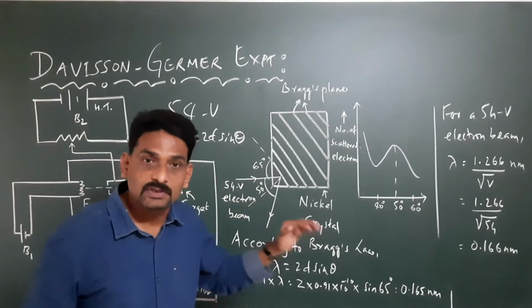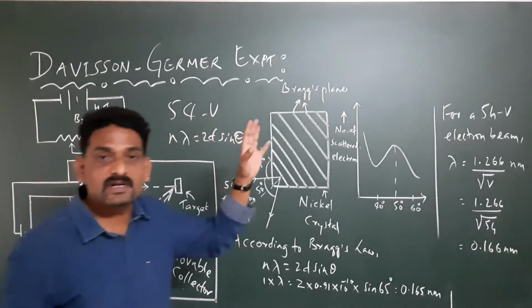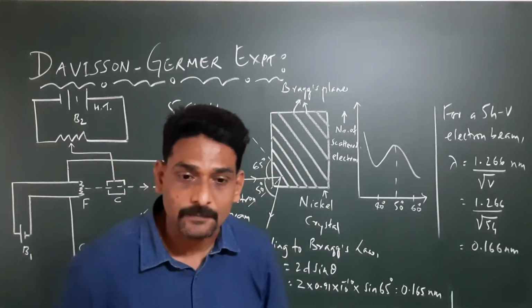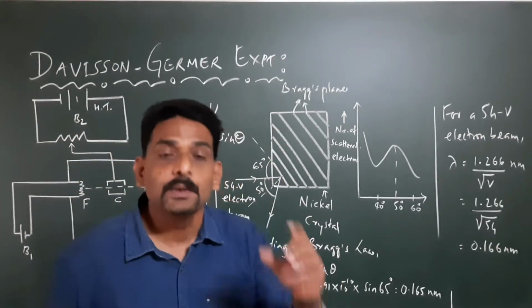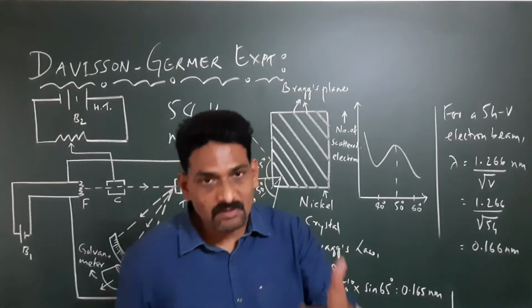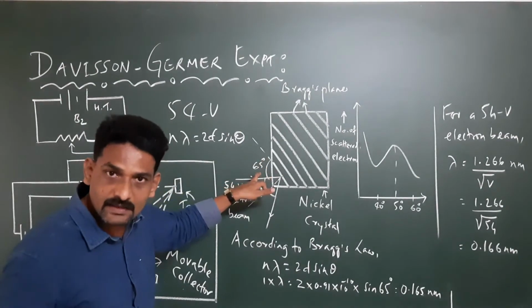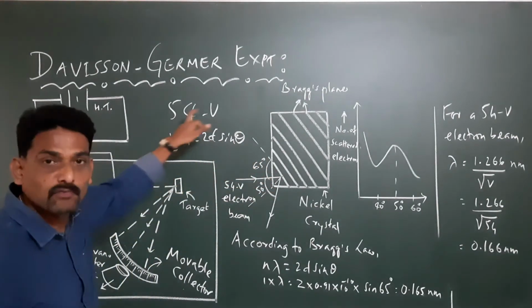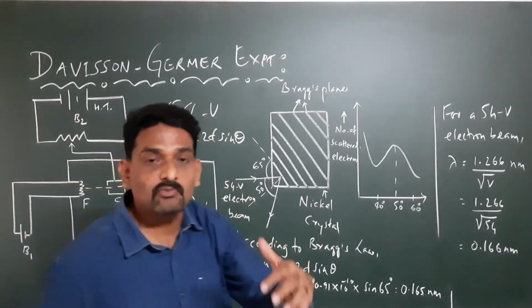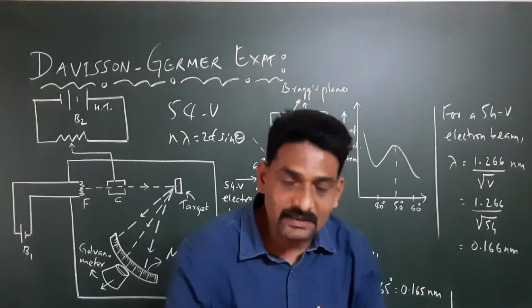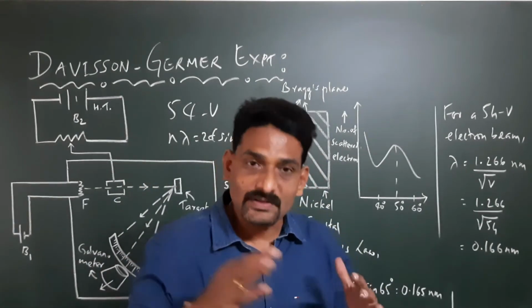volt, for which the scientists Davisson and Germer got the maximum intensity. Why maximum intensity? Because at that particular angle of 65 degrees, for that particular voltage of 54 volt, the electron beam was satisfying the Bragg's equation. What is the Bragg's equation?